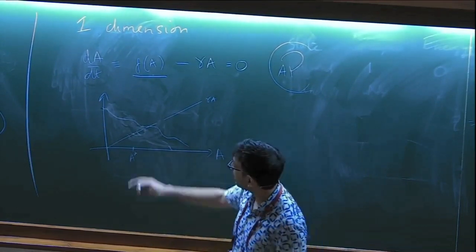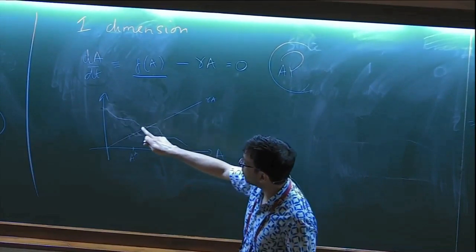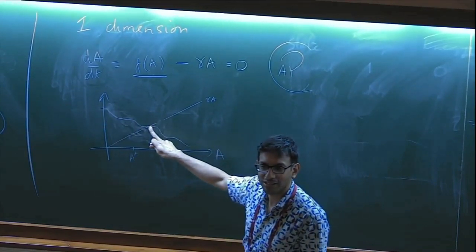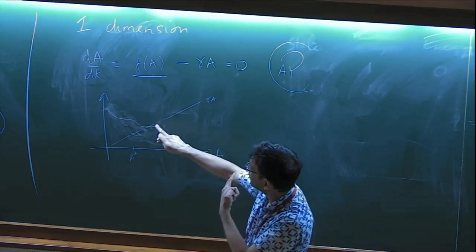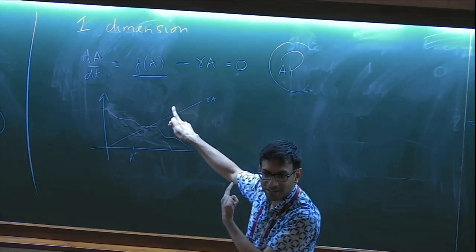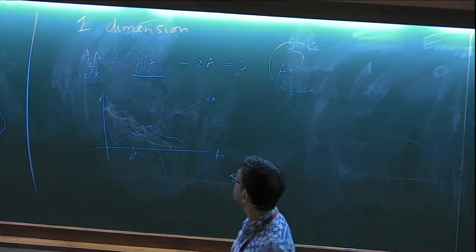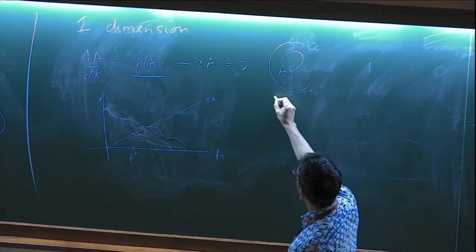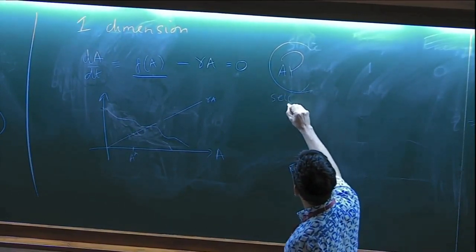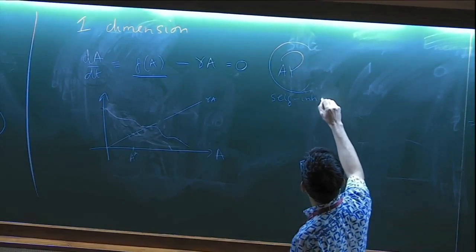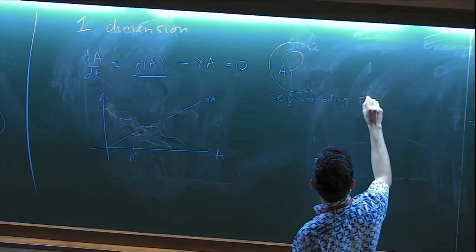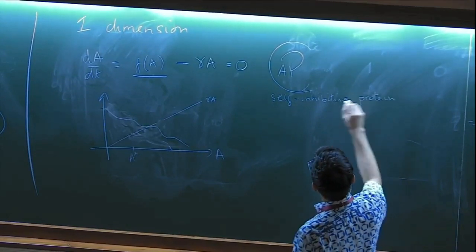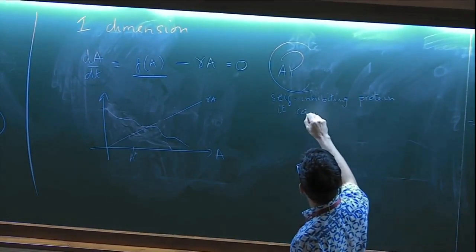You can also show that, right? If it's coming down, at some point it will cross. And once it's crossed, it cannot go back up. So it cannot cross again. So we've already proven one thing. If you have a self-inhibiting protein, it cannot be bistable.